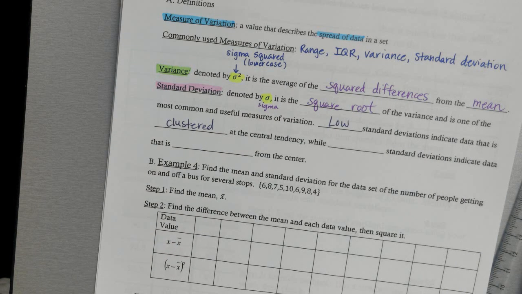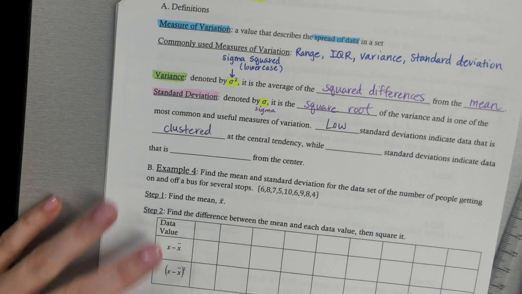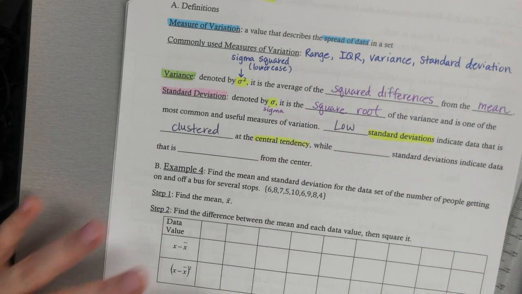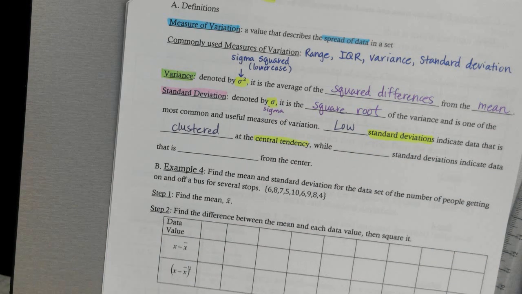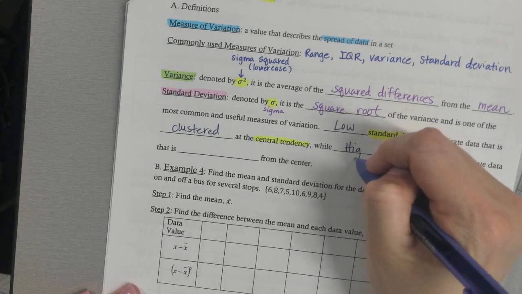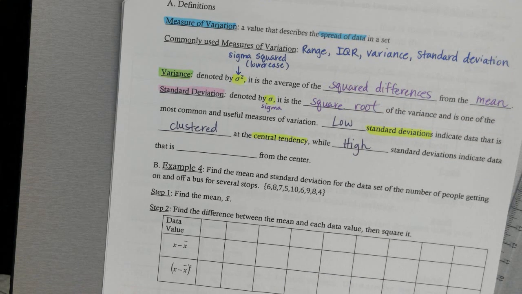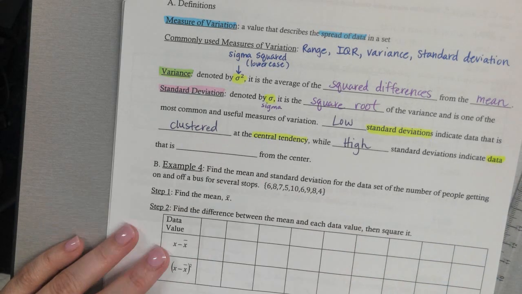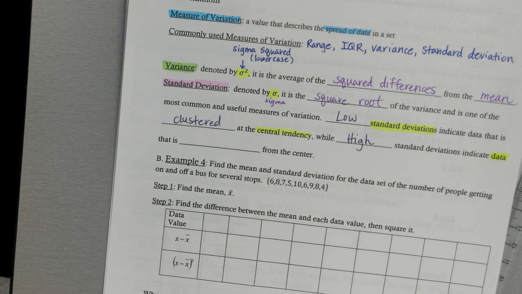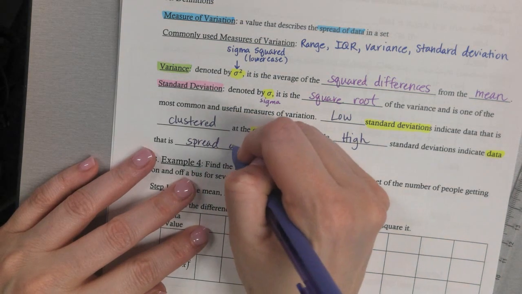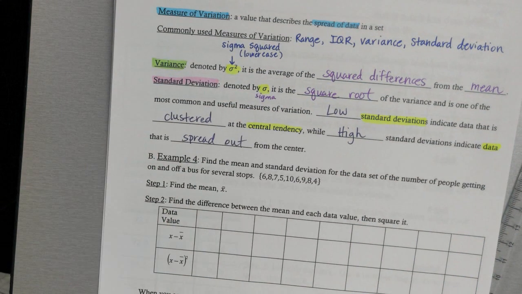Okay, so if there's a low standard deviation, we say that's clustered at the central tendency, while if it is a high standard deviation, then you just think of what would be the opposite of clustered together. Yeah, spread out, far apart, yes. Okay, so data that is spread out from the center.